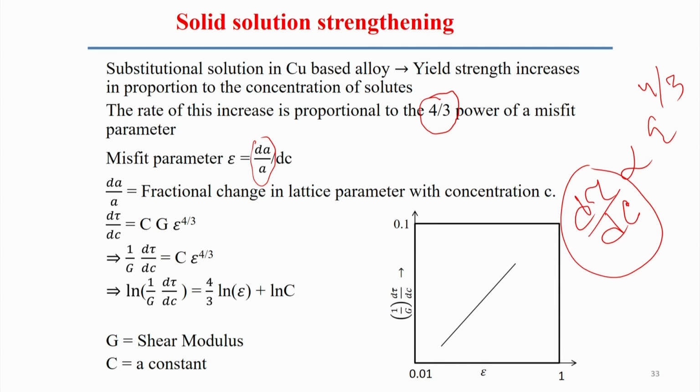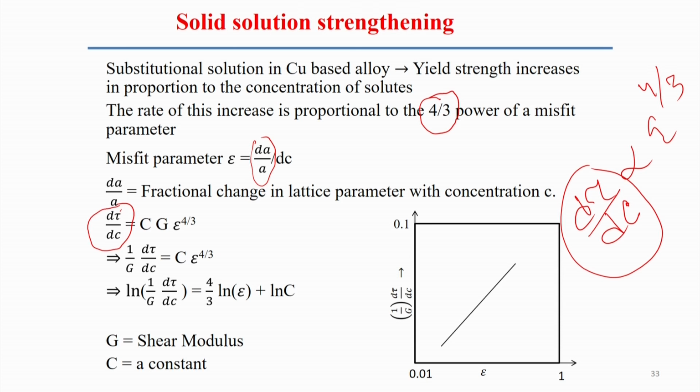So d tau by dC, that is the increment of the stress level as compared to the change of the concentration, is proportional to the 4/3 power of the misfit parameter.